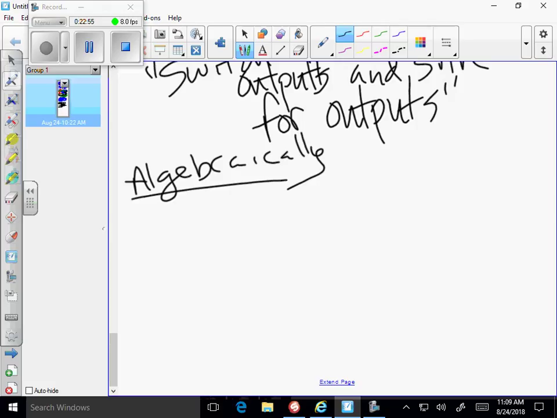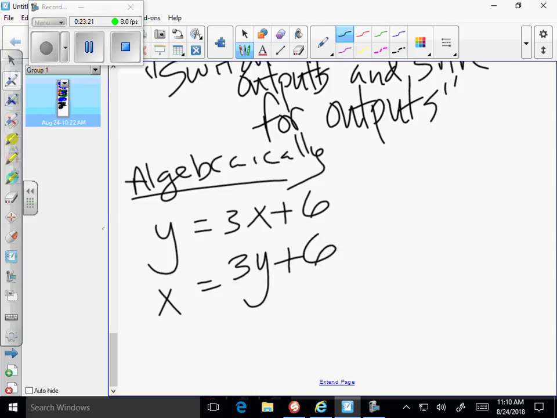And so, algebraically, if we look at something like y equals 3x plus 6, and I'm asked, hey, what's the inverse of this? Then I'm supposed to do what, Audrey? Switch the inputs and outputs, so we're going to have x equals 3y plus 6. Am I done at this point?